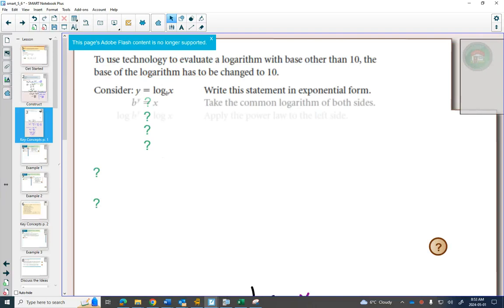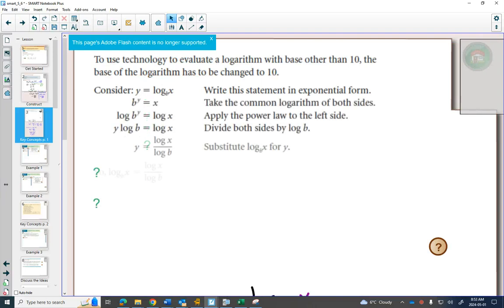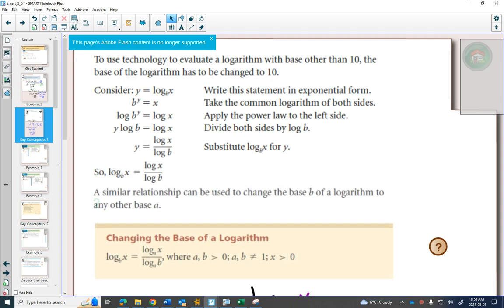We showed this already, but changing the base of a logarithm is on the top of page 402. It's a formula up on the wall, but it's the only formula not on your formula sheet.